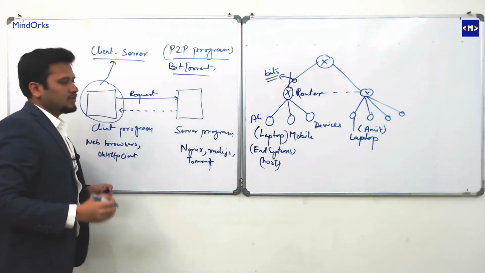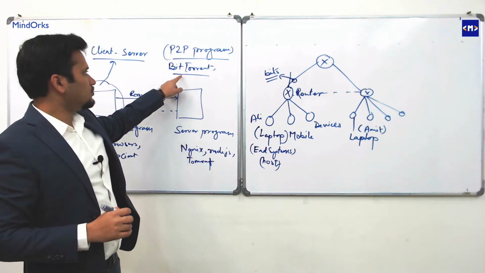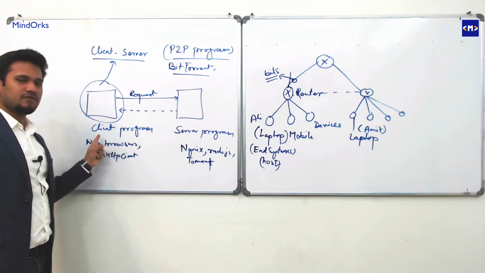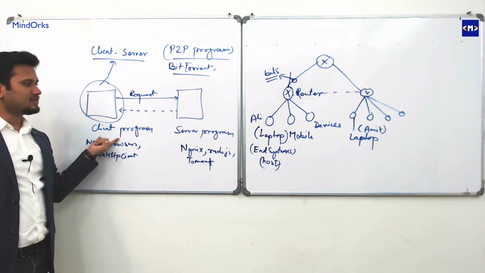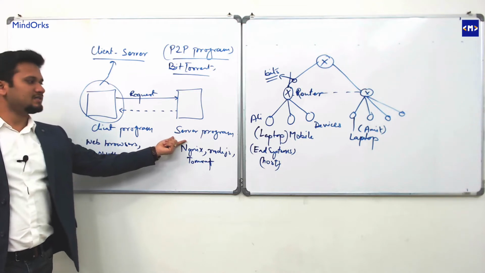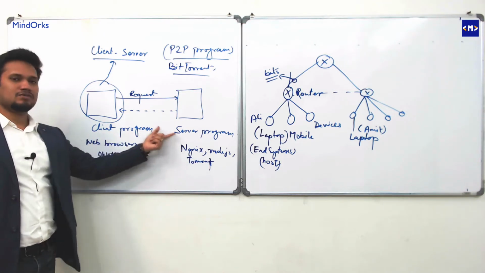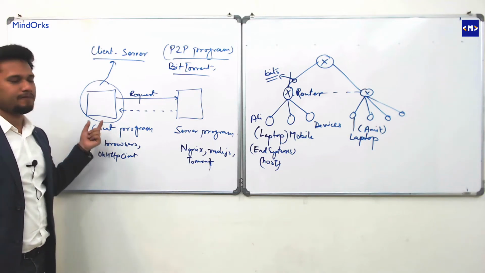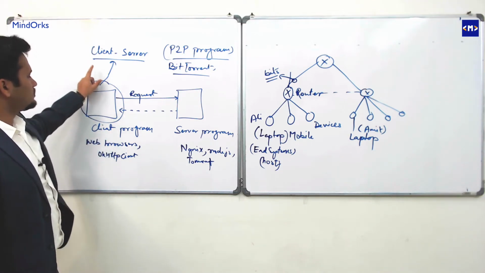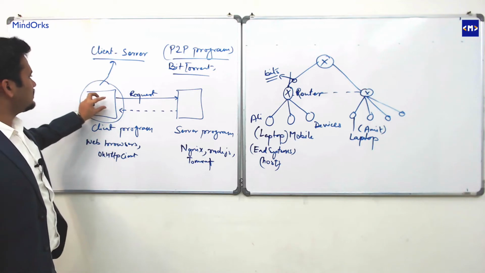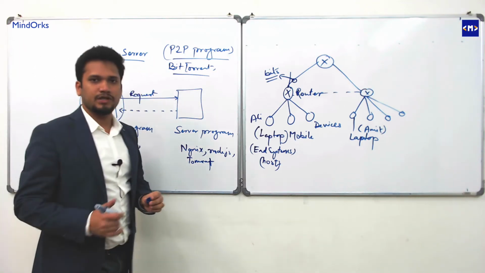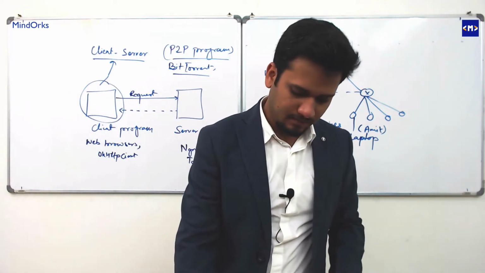When I need to get some file from somebody else, I can ask for it. So I'm a client there and somebody is providing that file, he is a server. Now somebody can ask me to provide a file, and that time I will act as a server. So programs that can work as both client and server are called P2P programs.